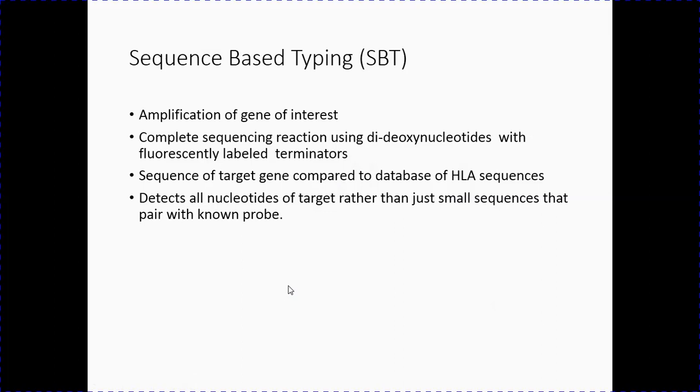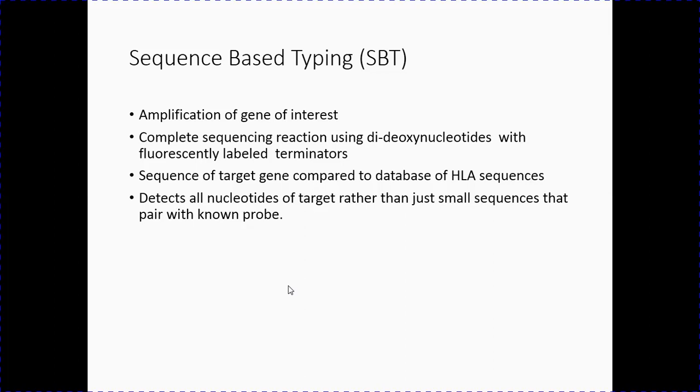And then sequence-based typing is one in which we amplify the gene of interest, and instead of doing just little, small pieces, we can complete the sequencing reaction using something called dideoxynucleotides with fluorescence-labeled terminators. What we do is we sequence the entire gene and we compare it to a database of HLA sequences. It's literally a database of sequences.